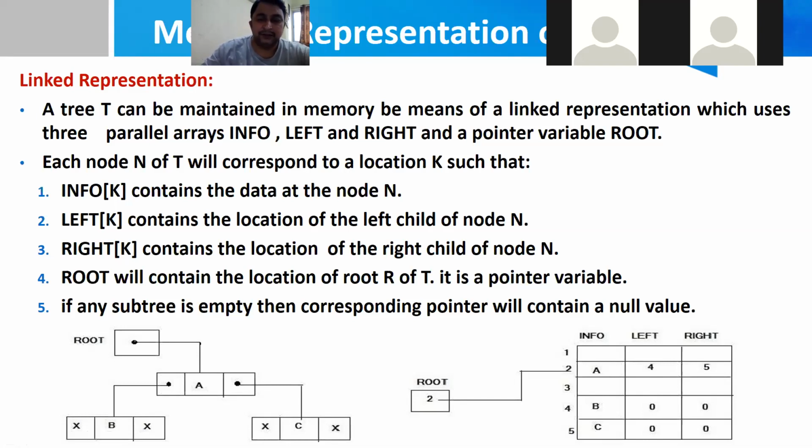Is it clear? The memory representation of linked list is very important. It's a 4-mark question, right? Either they may ask for linked memory representation or they may ask in general. If they are asking in general, you have to write both in a simple way, with a simple example.